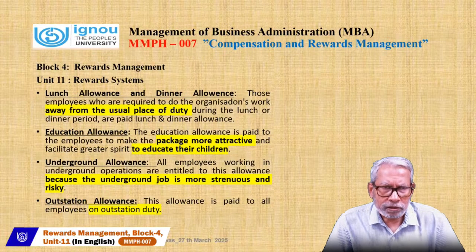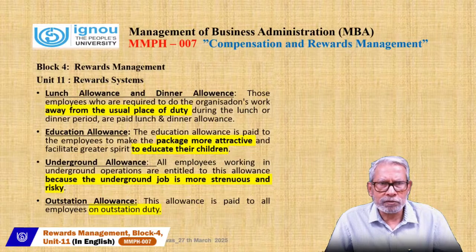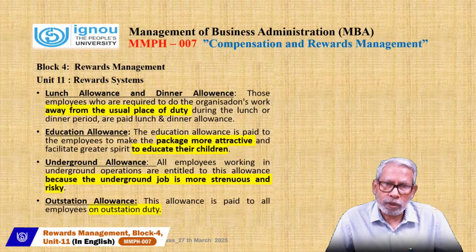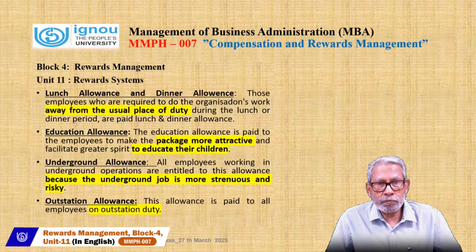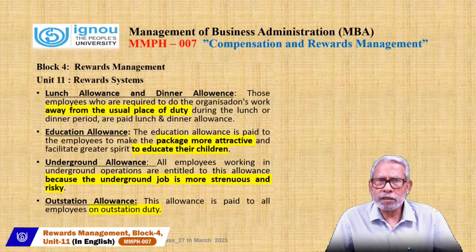Education allowances. The education allowance is paid to employees to make the package more attractive and to facilitate greater spending to educate their children. So most multinational companies and the corporate sector also have education allowances so that it should not be a burden for the employee to educate their children.